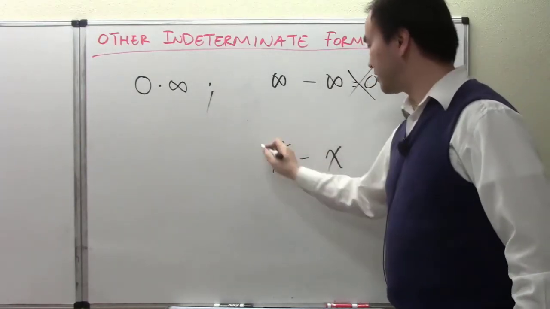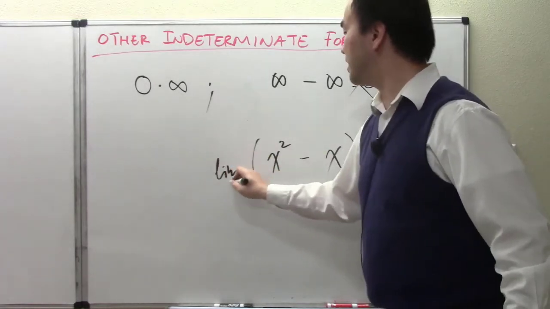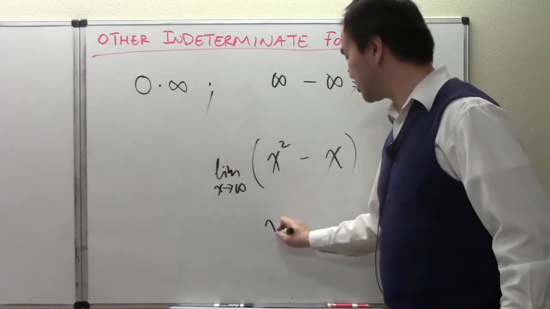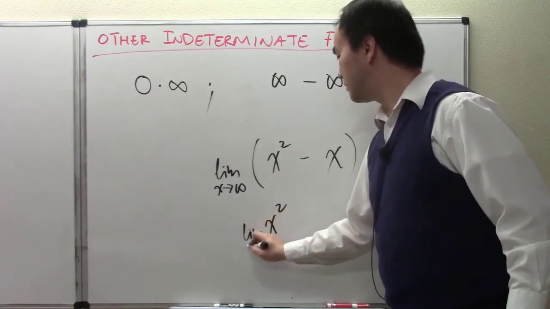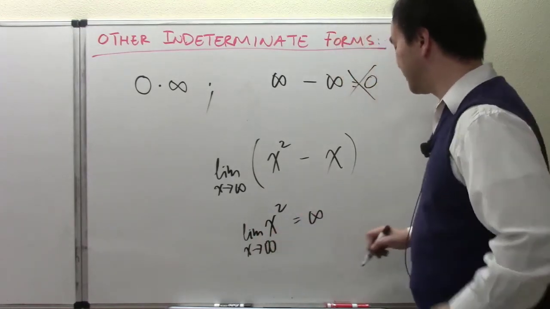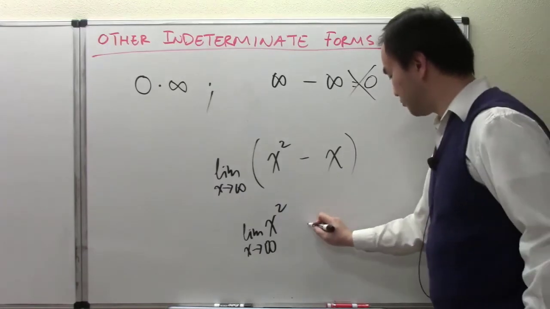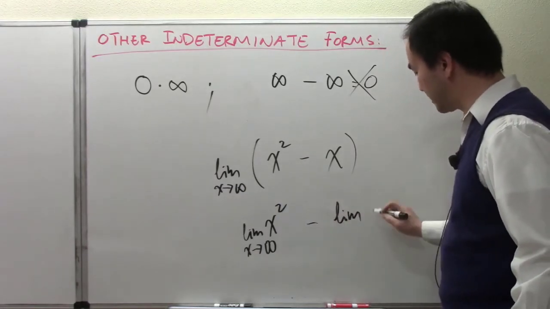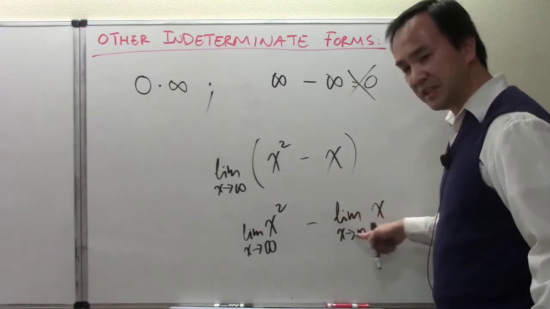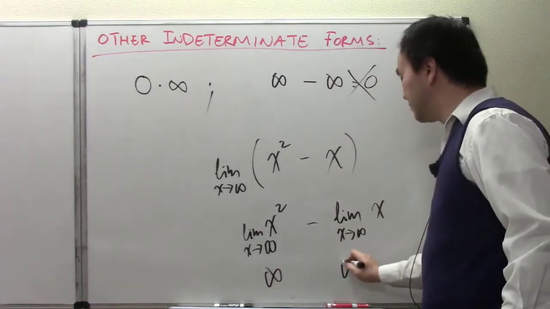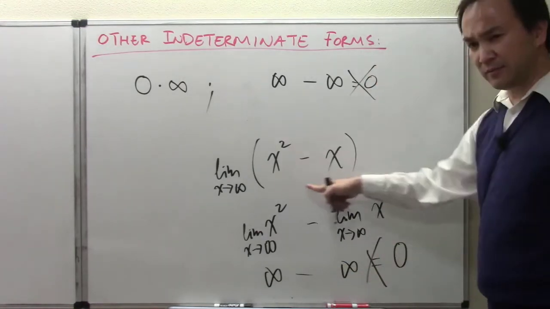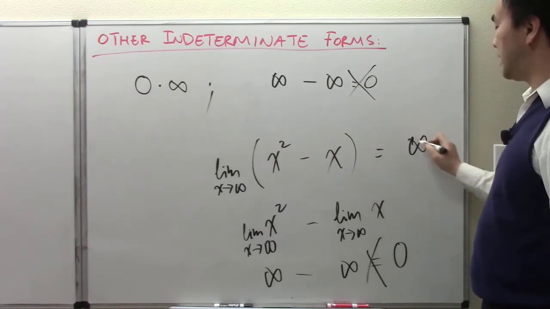If we're taking the limit as x goes to positive infinity, then the term x squared itself goes to positive infinity, and according to basic limit laws, we can also apply a separate limit for x. Both of these terms go to positive infinity. We're subtracting, but the answer wasn't 0. The answer for something like this was positive infinity.